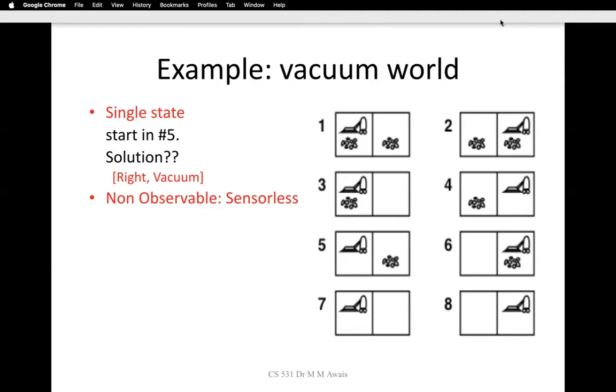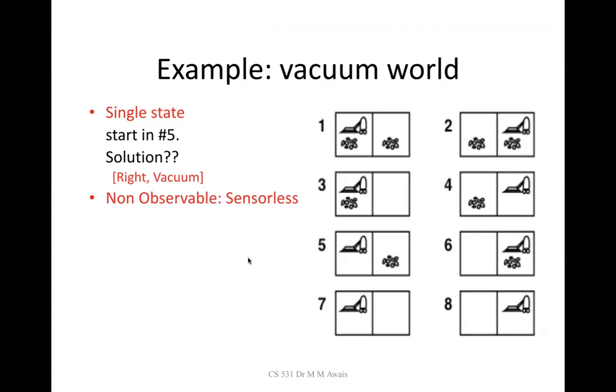For example, if you assume that you are in state 5, but actually you are in state 1, that means that room A is actually not clean. You are only assuming that it's clean. Why are you assuming? Because your sensors are not working. So you might leave some of the rooms dirty. That might be a problem with this type of situation.